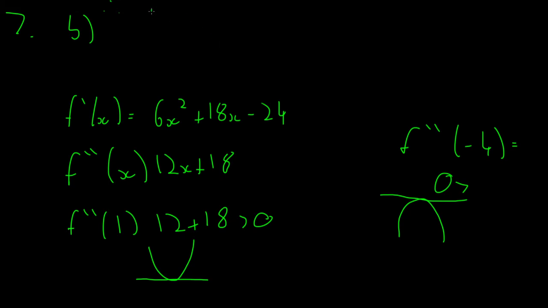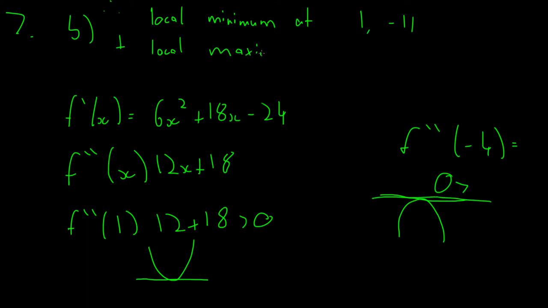Therefore, local minimum here, so that's a minimum because we can see it doesn't go lower, at 1 comma minus 11, plus local maximum here at minus 4, oh I didn't put these in brackets, minus 4 comma 114.